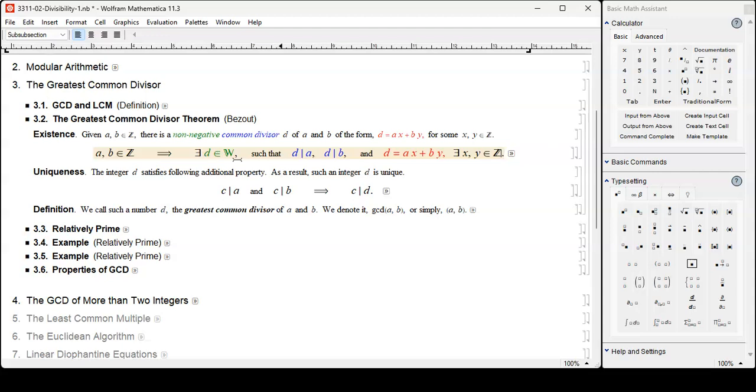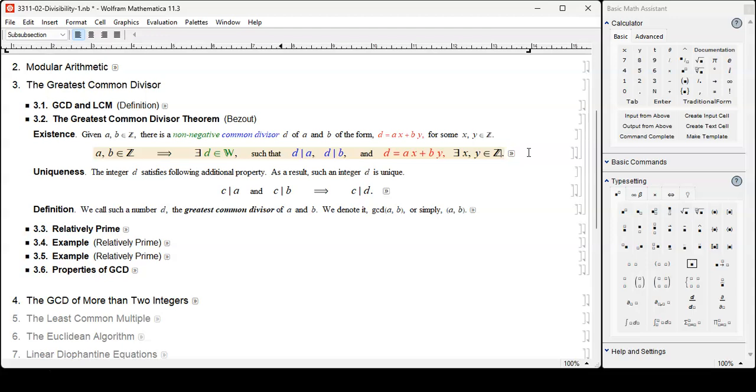So with these three conditions, we can define an appropriate integer D, because we can prove that it always exists, number one, and number two, it exists uniquely. Of course, we have to prove those to make this a well-defined quantity, right?